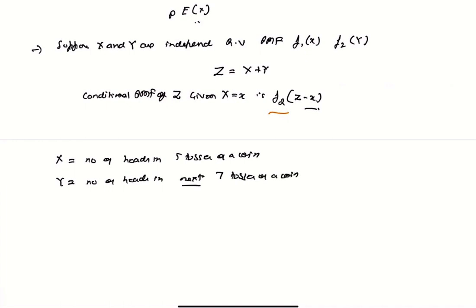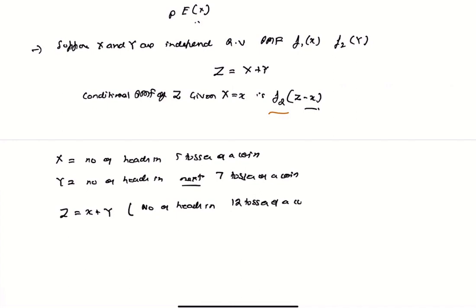So there are two separate random variables, and Z then will become X plus Y, which is just going to be the number of heads in 12 tosses of a coin.